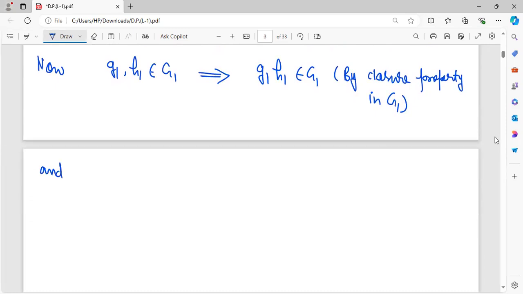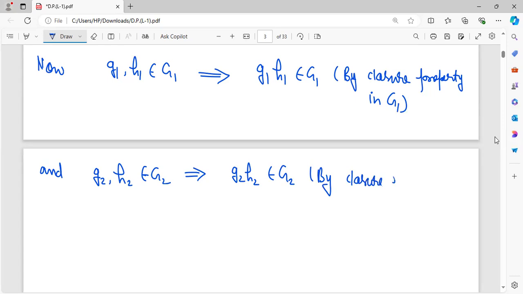And g2, h2 belong to G2 implies that g2 h2 belongs to G2 by closure property in G2. Okay.